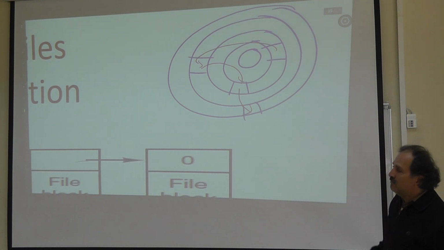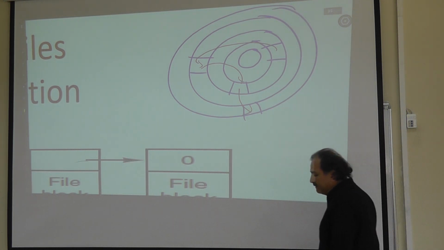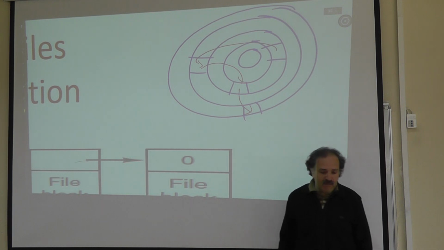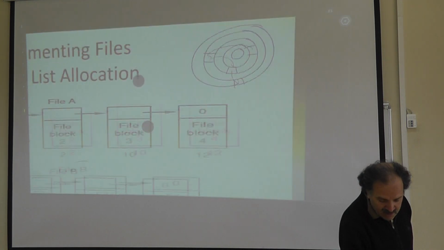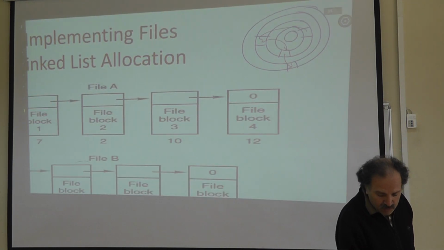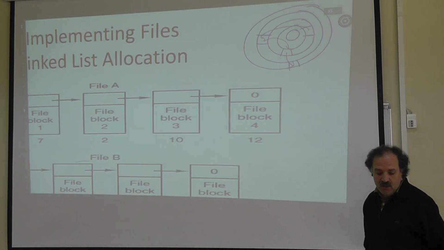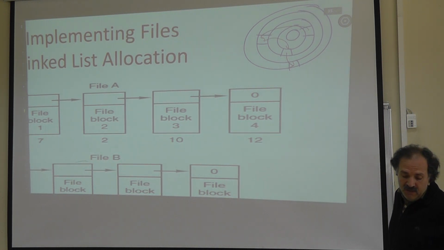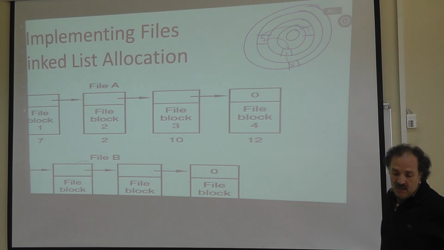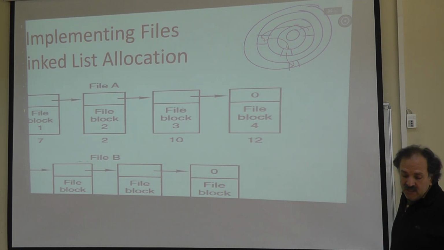So if I need to move my reading head from one position to another position to follow this link, that means things are going to be very, very slow for me if I use this approach in terms of doing the sequential access and the random access.